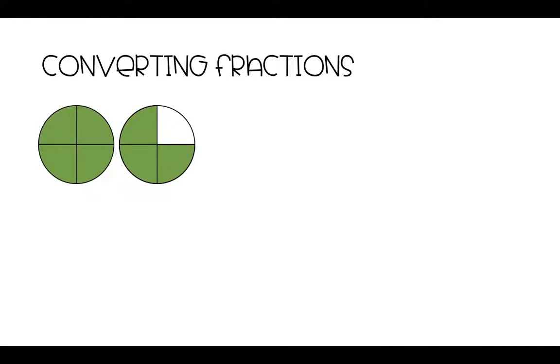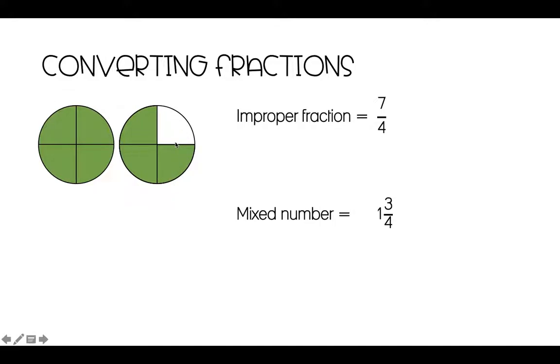So let's talk first about converting the fractions, and let's just give some examples here. In this case, we have our improper fraction, and it's 1, 2, 3, 4, 5, 6, 7 parts out of 4 to make up a whole. So we have 7/4. And then we have it as a mixed number as well, which means we have a whole here, so 1, and 1, 2, 3 out of 4, which is 3/4, so 1 and 3/4.